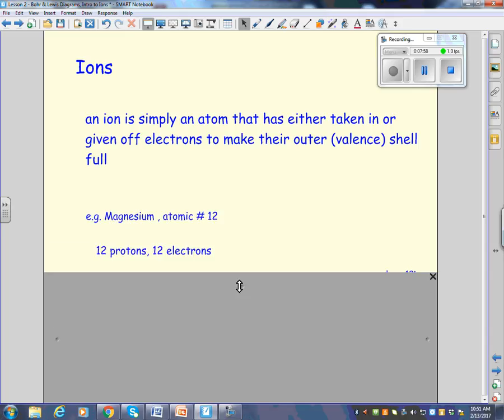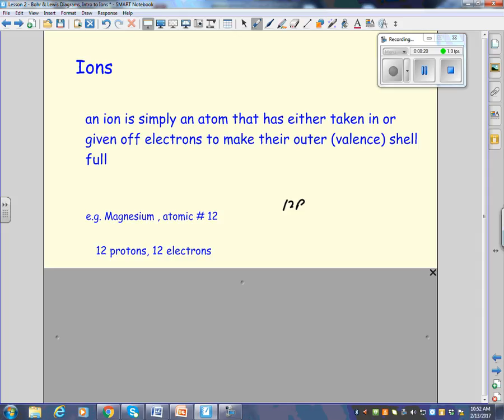So for example, let's just look at one here, magnesium. You guys probably need to write this down. Magnesium is number 12, right there. It has 12 protons, 12 electrons. I'm going to draw a Bohr diagram because they make me smile.